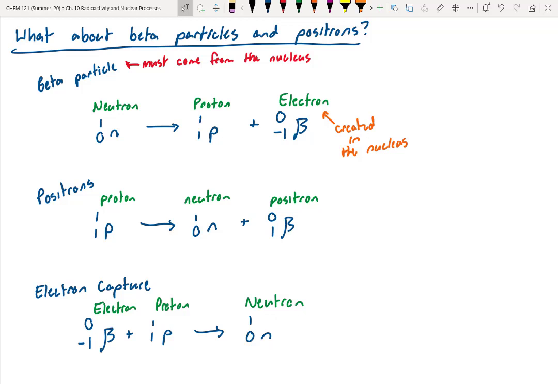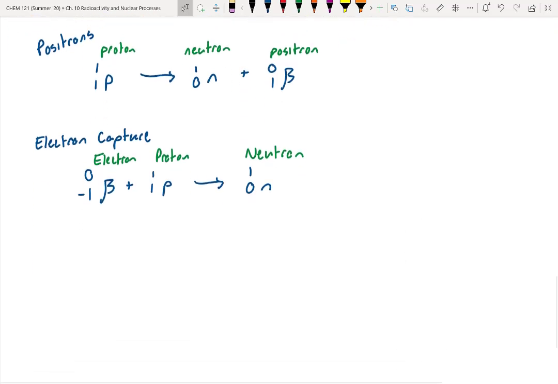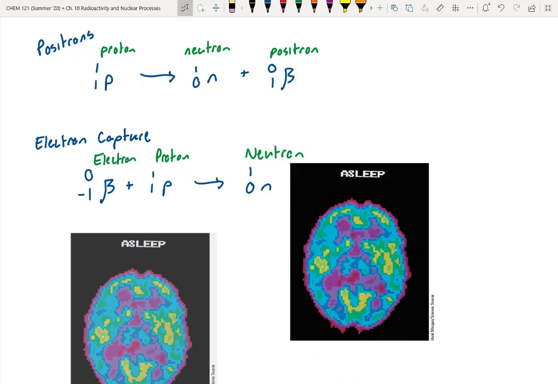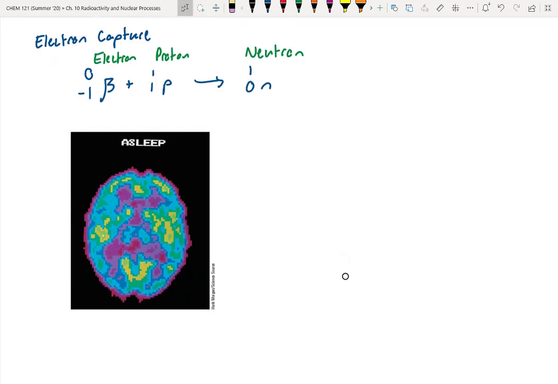Okay, before we wrap up, too, there's a cool thing I wanted you to see. A lot of times positrons just blow people's minds and they're like, I don't really understand this, but it is used pretty heavily in the healthcare field. So if you ever go into the doctor's office and have a PET scan, so this is PET scan, this is positron emission tomography.